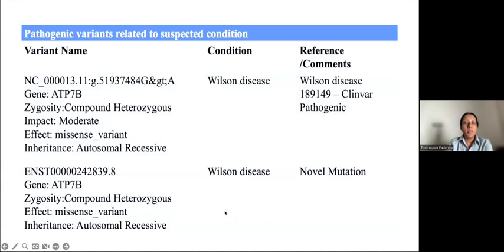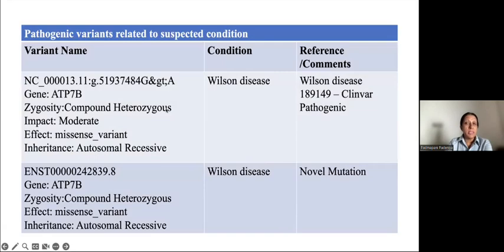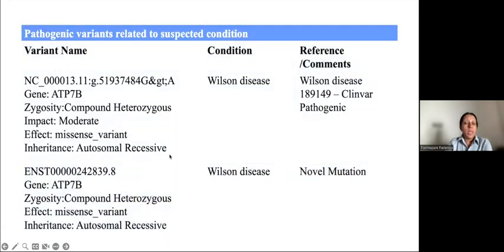This is the advantage of whole exome sequencing that I mentioned earlier. One mutation was reported, but with in silico analysis we were able to find another mutation. This is a compound heterozygous case, where the two alleles were different alleles causing Wilson disease.